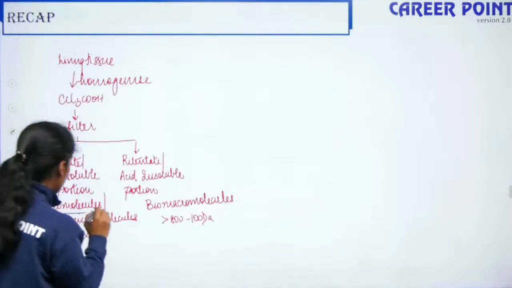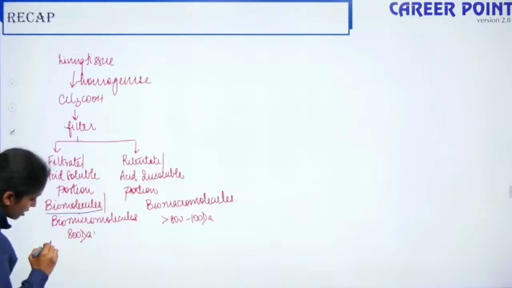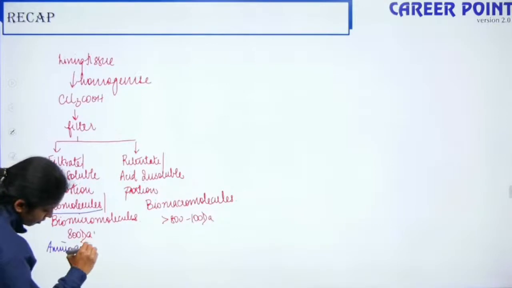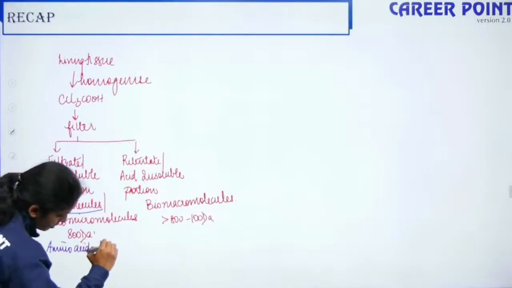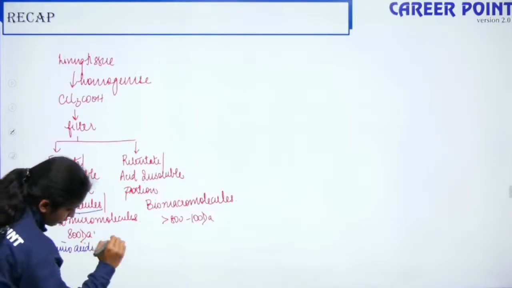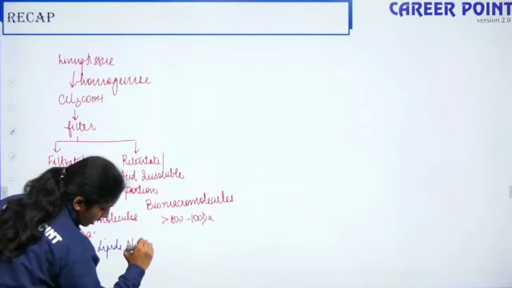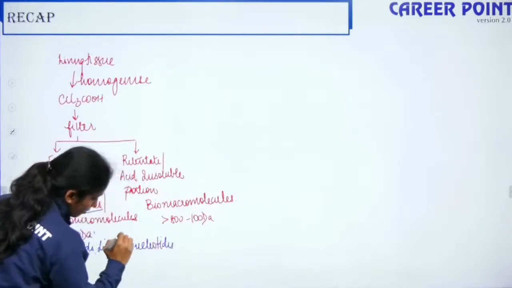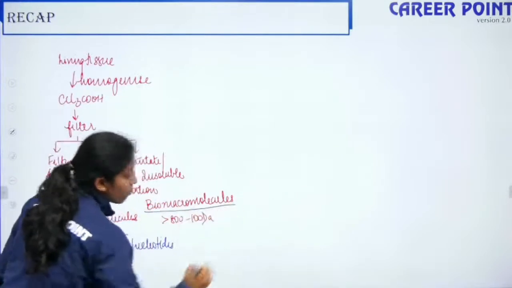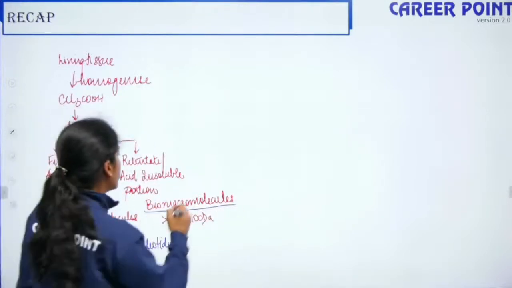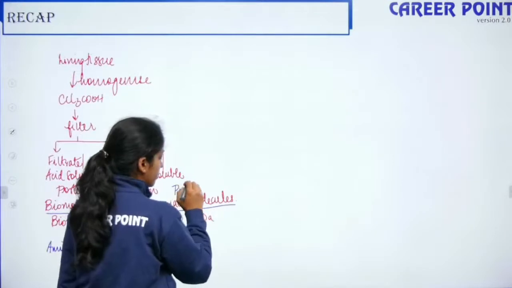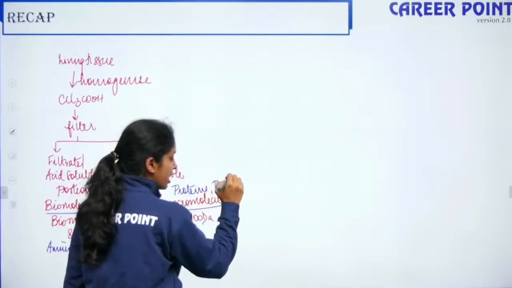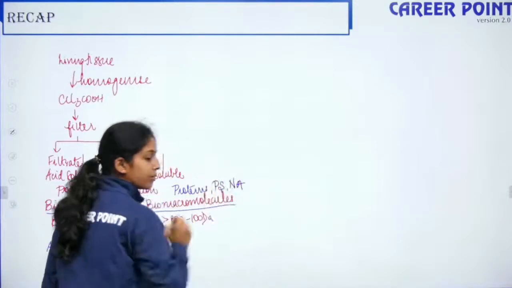Under biomolecules, you have your amino acids, your lipids, then your nucleotides. Under biomacromolecules, you have complex molecules like your proteins, your polysaccharides and your nucleic acids.